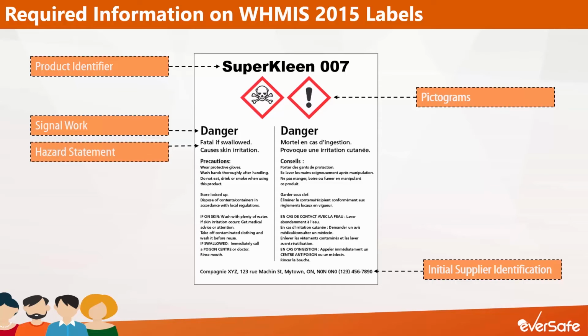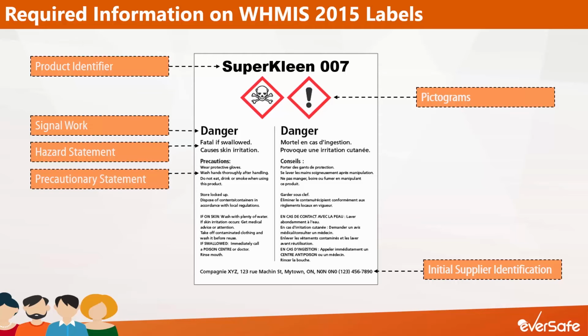Every label has to have a hazard statement. These are standardized phrases describing the hazard associated with the product. Examples of these statements include things like fatal if inhaled, extremely flammable gas, causes eye irritation, may cause cancer, and may explode when heated. Clear and to the point.